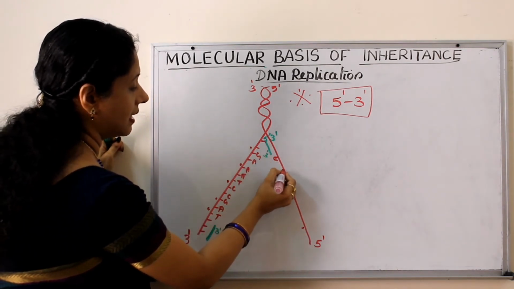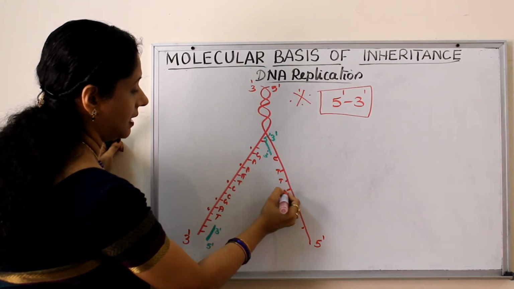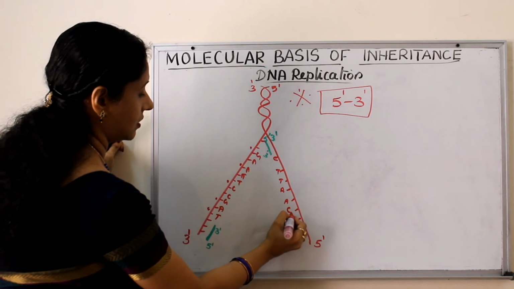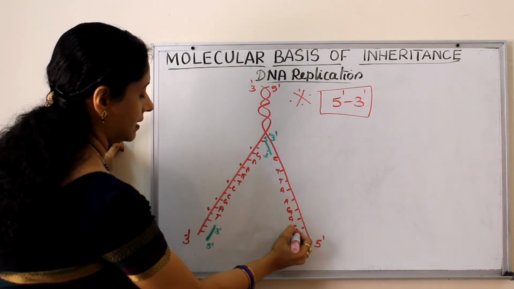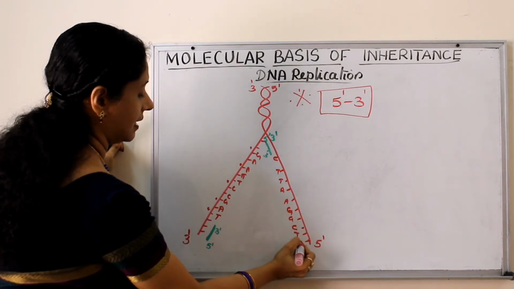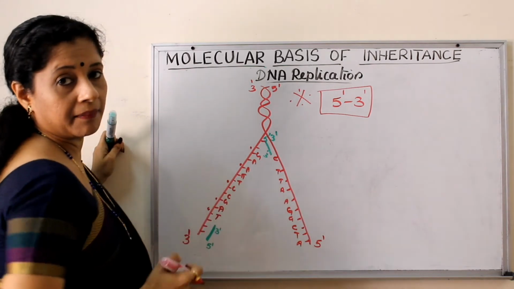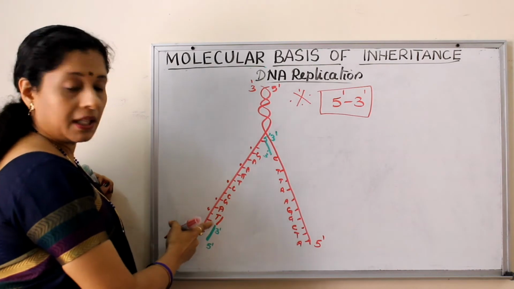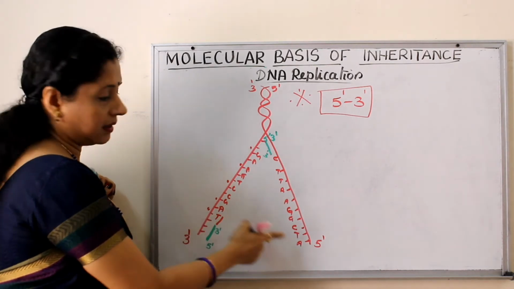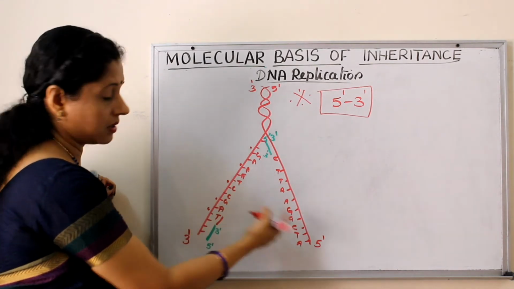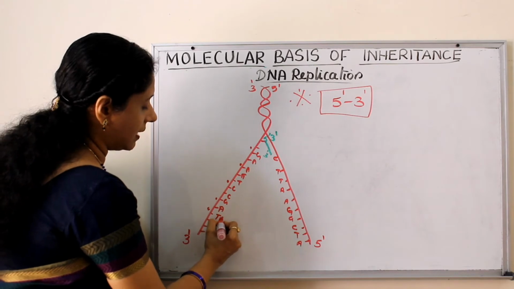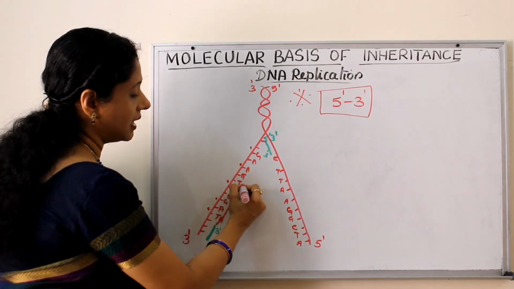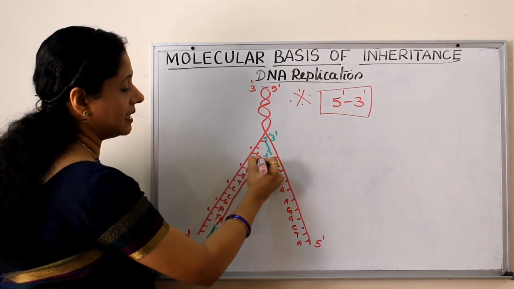So this will be C, T, T, A, G, G, C, T, A. So complementary. Now what will happen? The new one, first what will come? It is T. So what should come? A. It will be similar to this strand because it is complementary. So here A will come, then T, C, G, G, A, T, C.